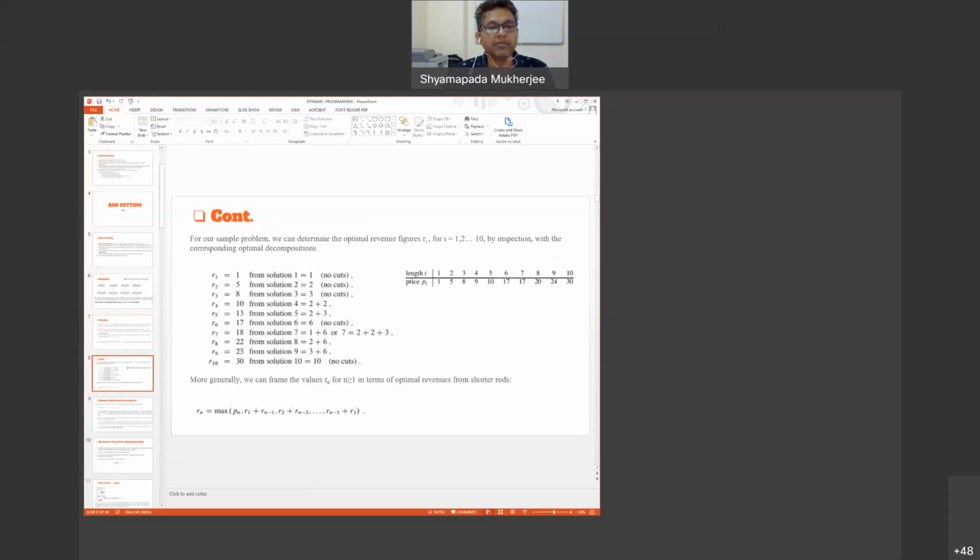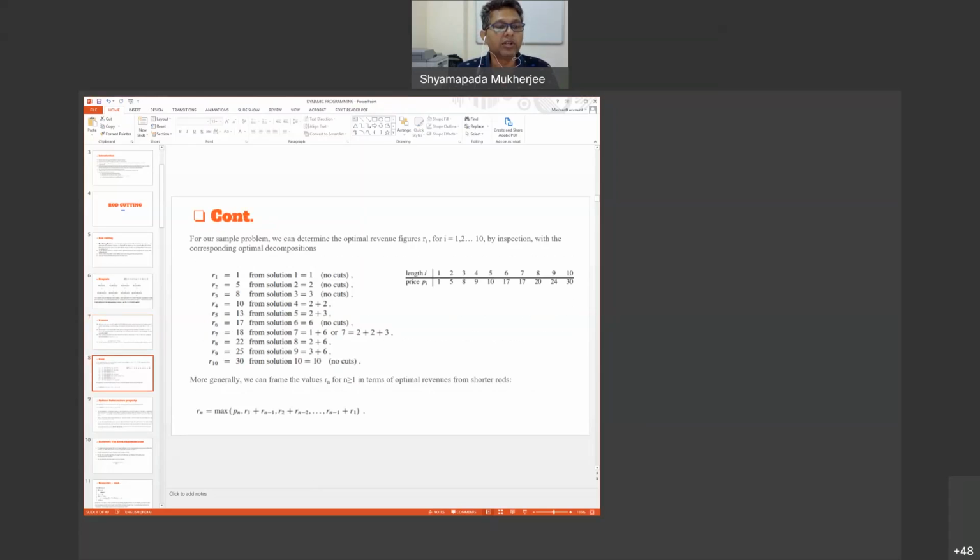So this example shows that for different values of i, we can find out the optimal revenue. Like R1 denotes the optimal revenue for length 1. So from the table you can see that R1 equals 1.